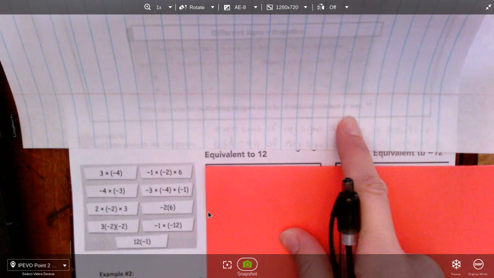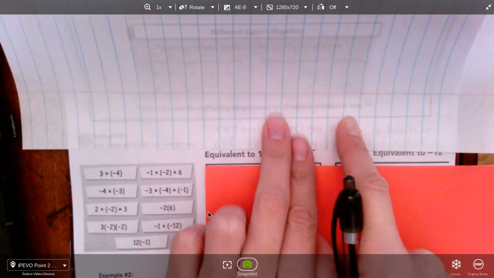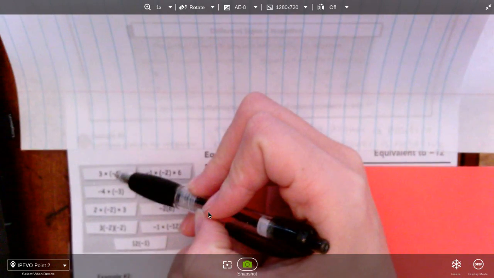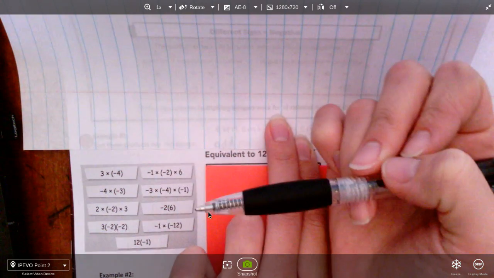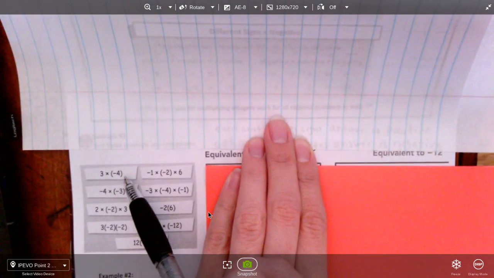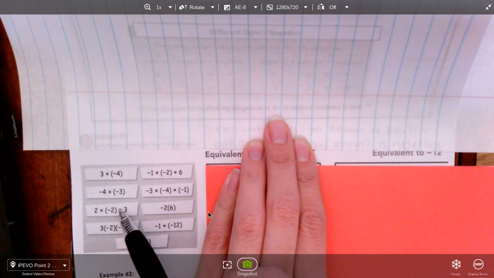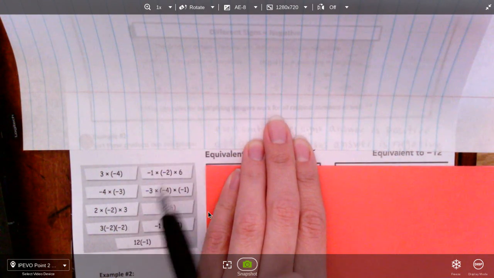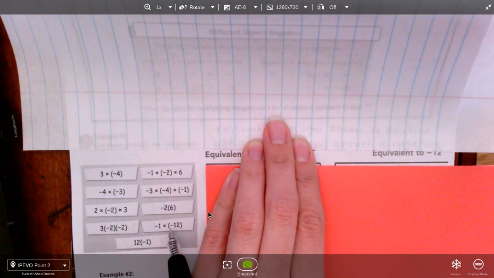Okay. What I'd like you to notice is that each of these terms has some number of negative signs. In this set, there is one negative. This expression, there are two. This one, there's one.